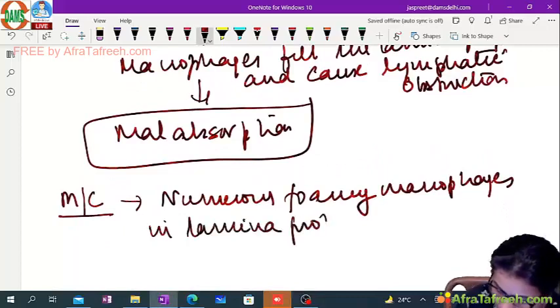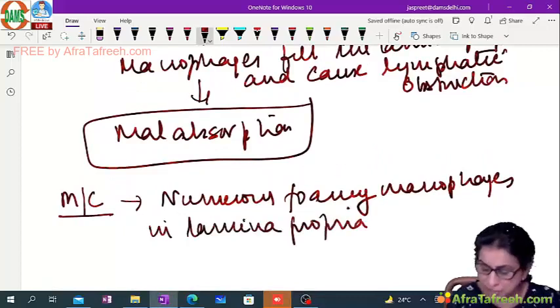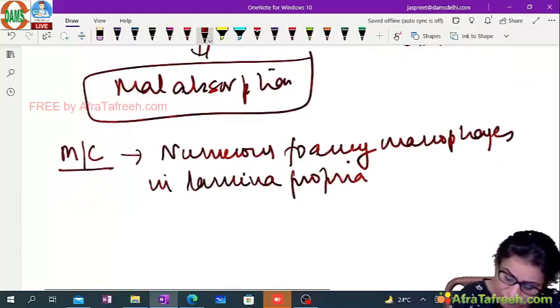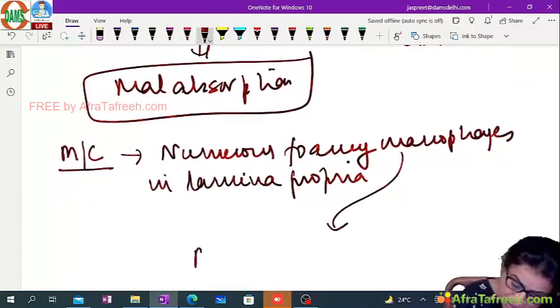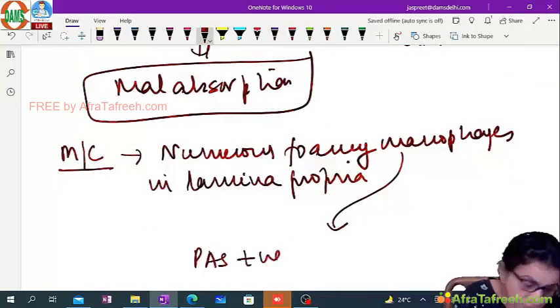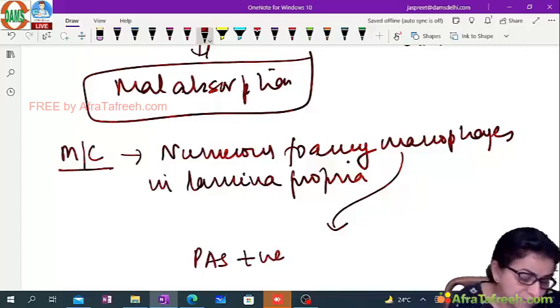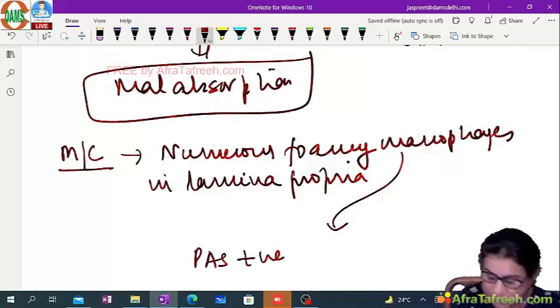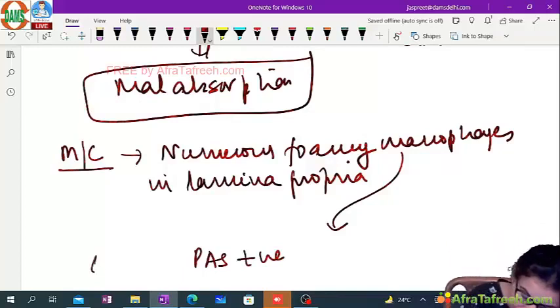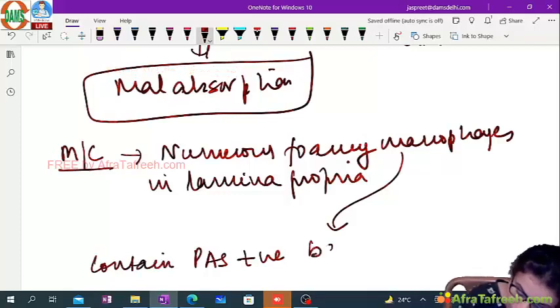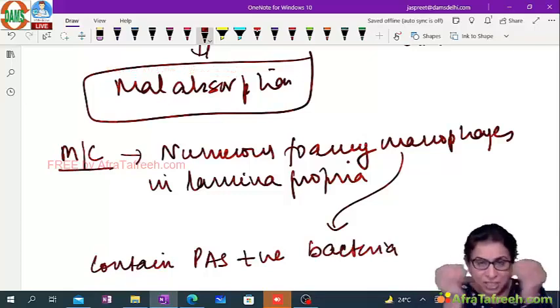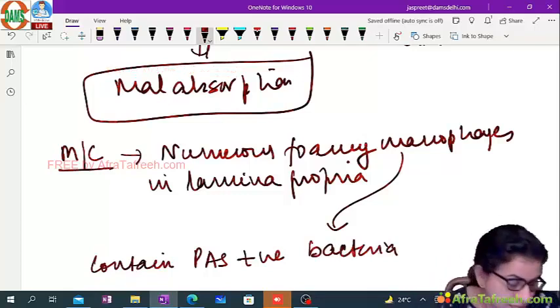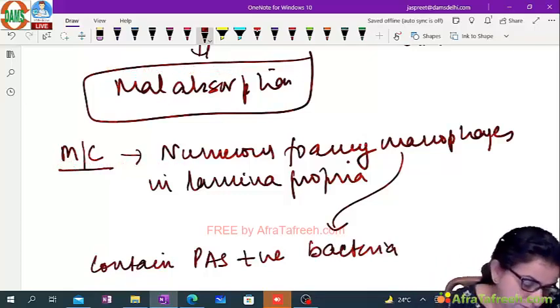So the lamina propria is full of numerous foamy macrophages, and these foamy macrophages are PAS positive. They contain partially digested Tropheryma whipplei, which are PAS positive.